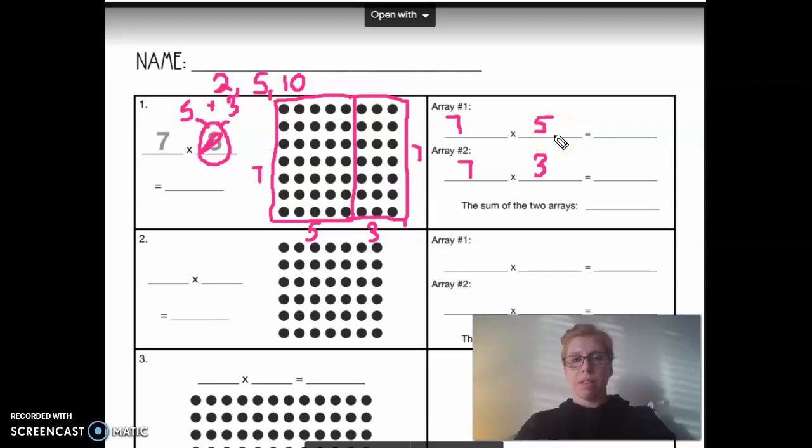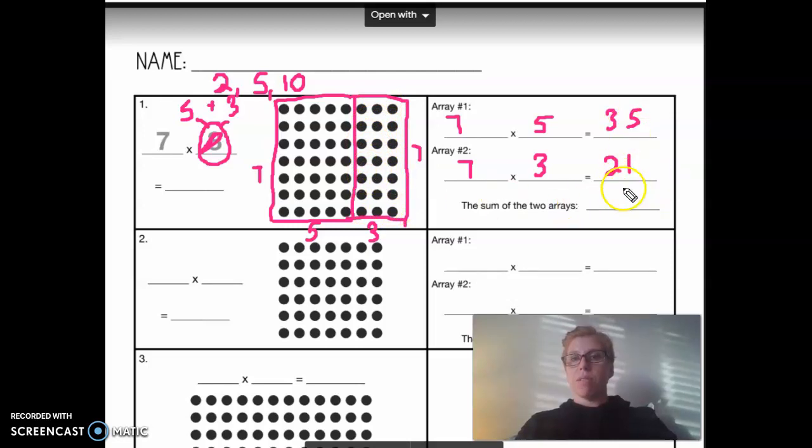What is that? 7 times 5 is 35. And then what is 7 times 3? That is 21. Now we can add these two answers together, because in this first array, the 7 times 5, there are 35 dots in this first array. In the second one, there are 21 dots because that is 7 times 3.